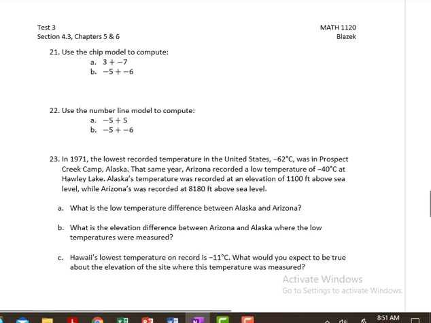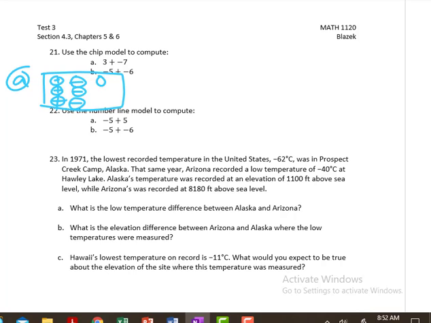Number 21. Use the chip model to compute. So for A, to show this is a chip model, I would have, just look at my squares, 3 positive chips, and I would have 7 negative chips.